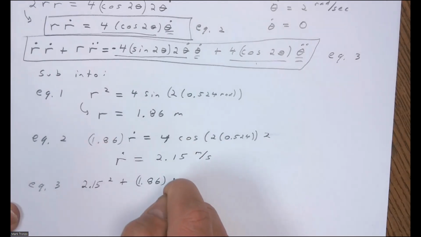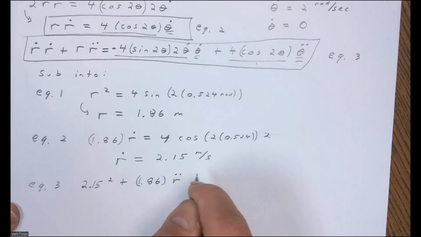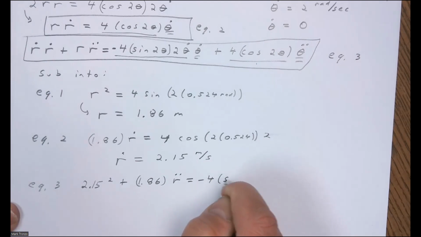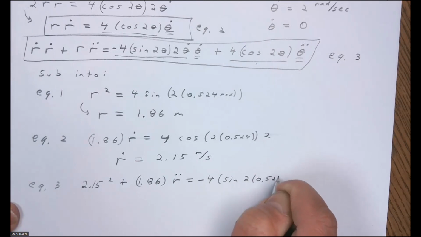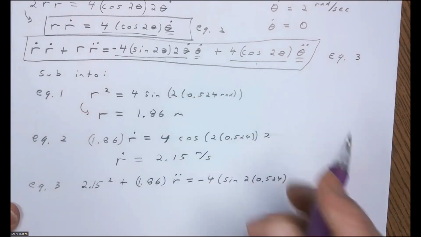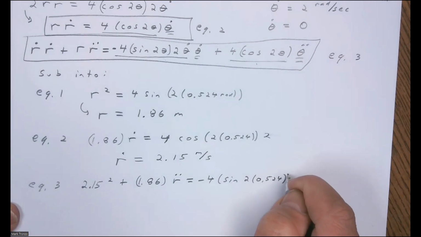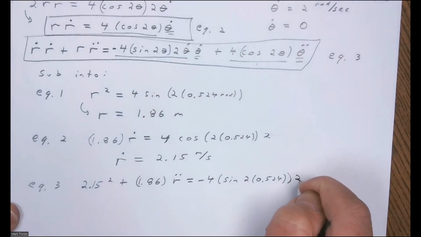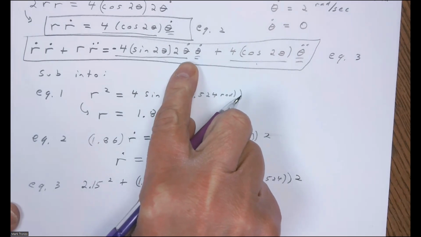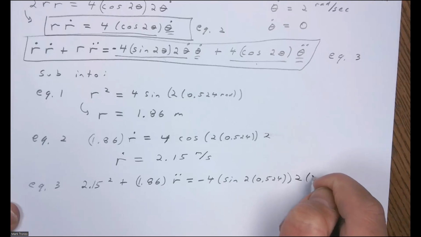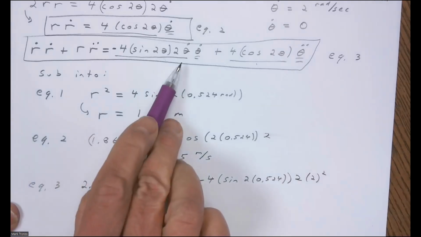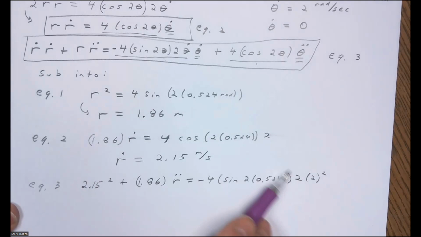We know what r is. Equal to -4 sine 2 times 0.524. I'm just plugging in here now. And that's all times 2 theta dot squared. And that was 2 squared. So I'm just doing the theta dot and making that, there's 2 of them together, make it into a square.